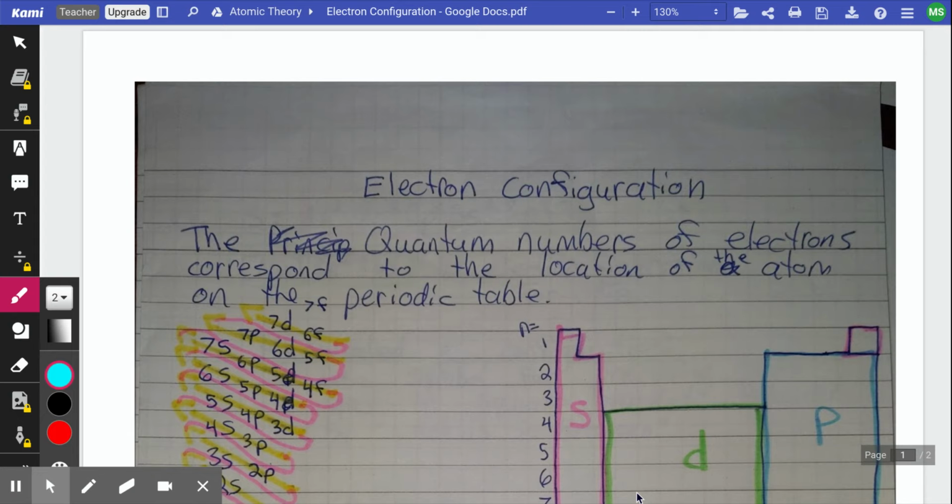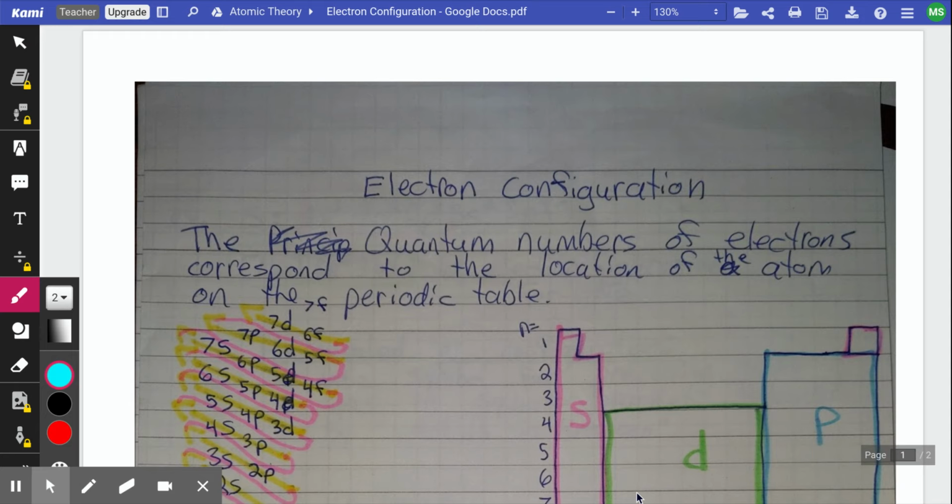Now, electron configuration. The quantum numbers are basically kind of like an address for the electrons. As you move from the primary quantum number to the secondary to the tertiary and the quaternary quantum number, it gets more and more specific about where the electron is located in the atom.